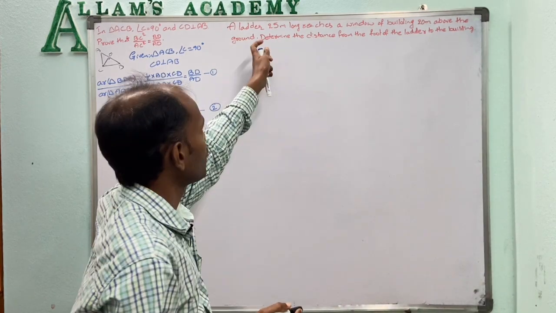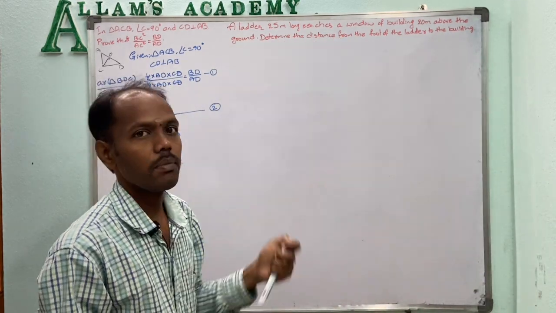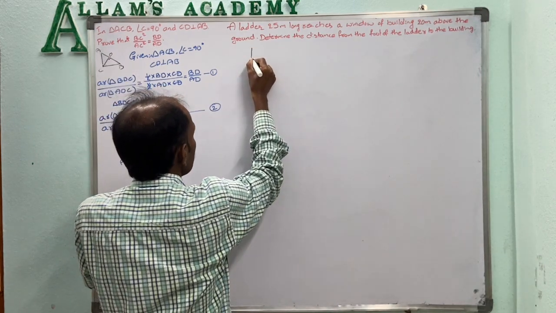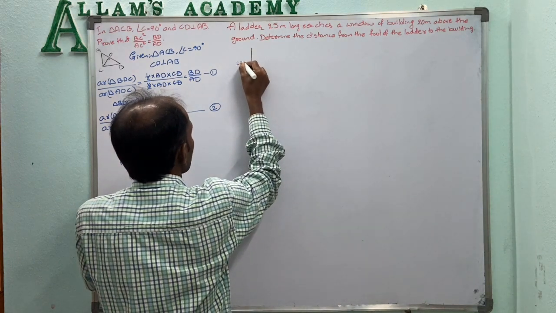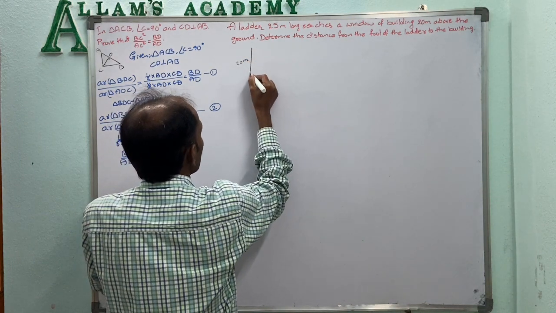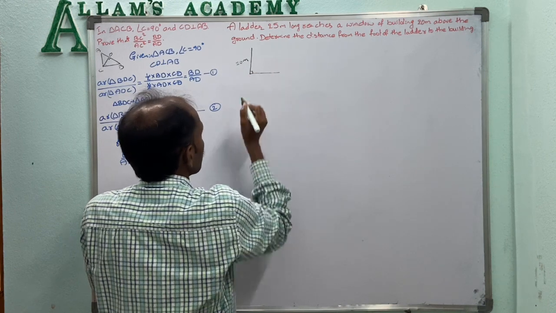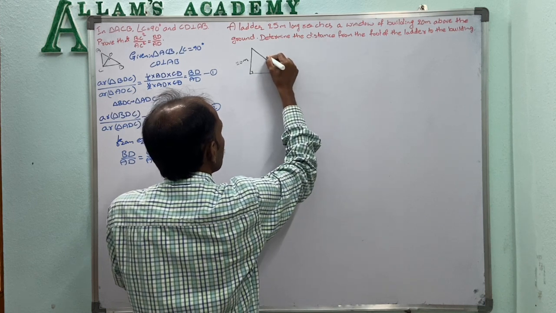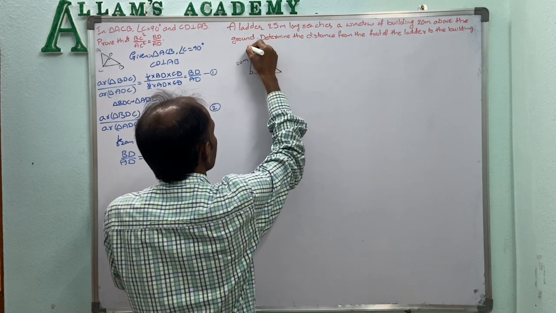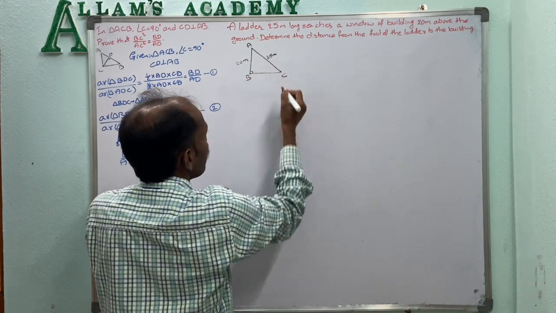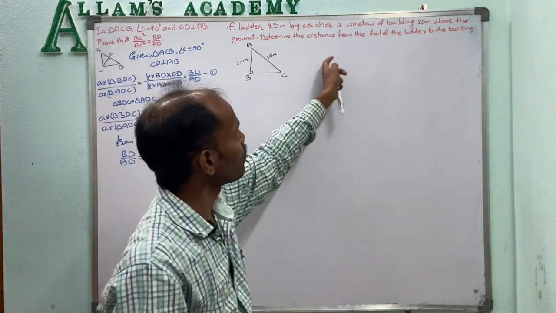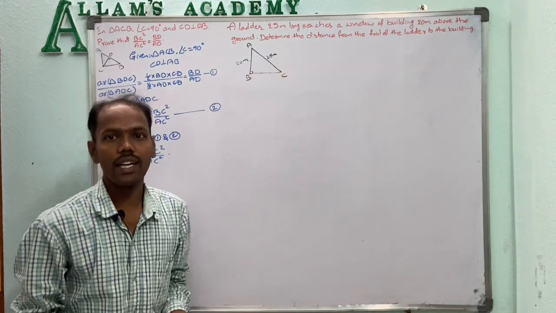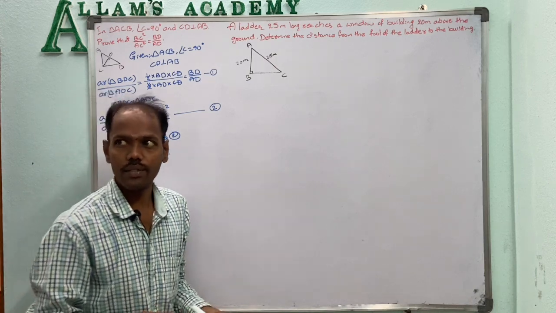The building is 20 meters high and is the perpendicular, and the ladder is 25 meters long. We have to find the distance from the foot of the ladder to the building.